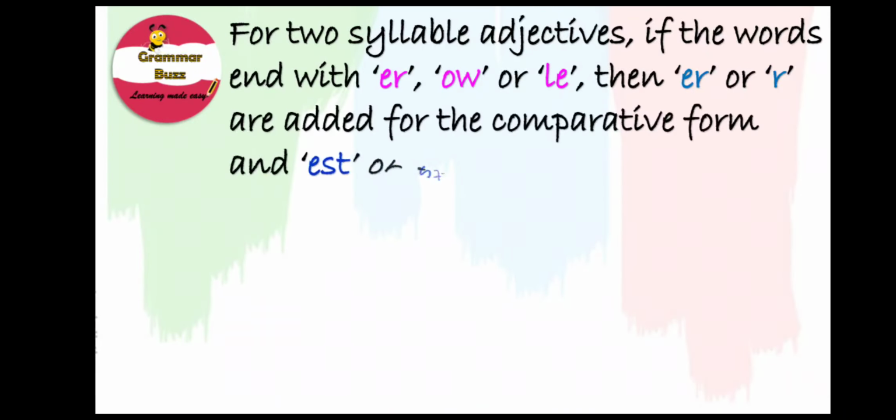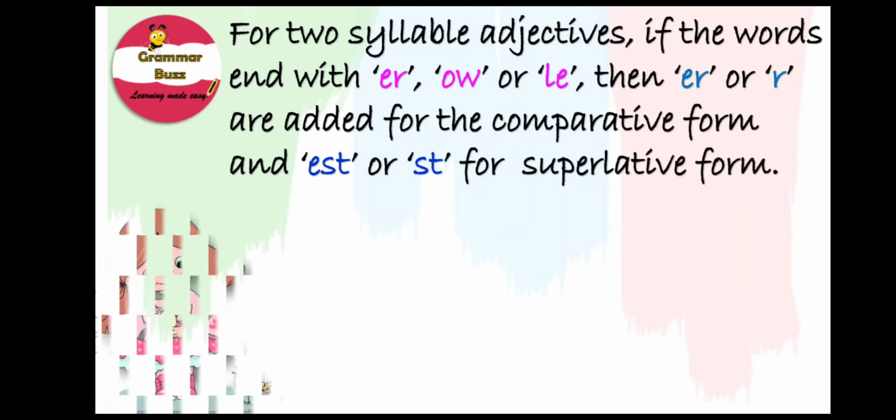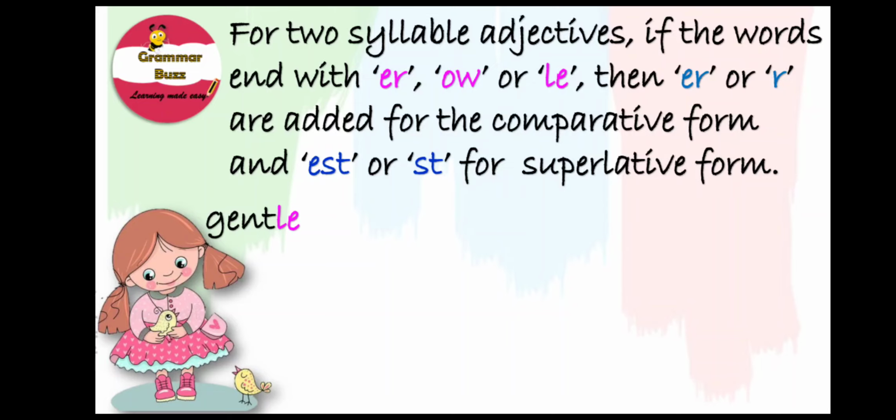The next rule for us to understand is when a two-syllable adjective ends in an ER, OW or LE, then we simply add an ER or R for the comparative degree and an EST or ST for the superlative degree. Let us follow the example given.